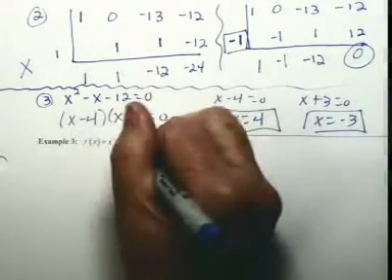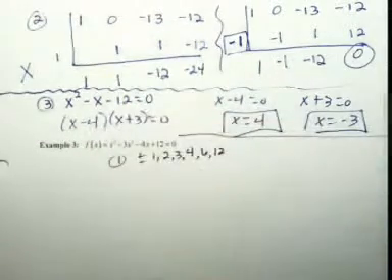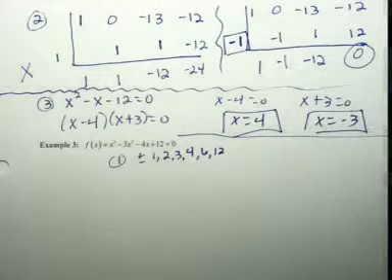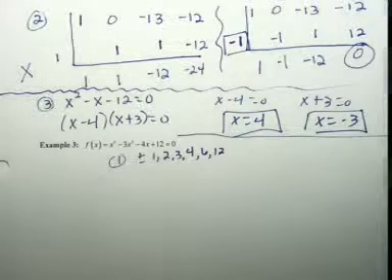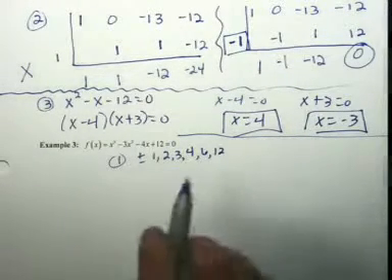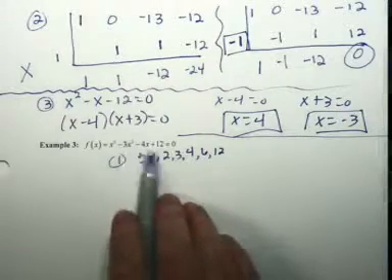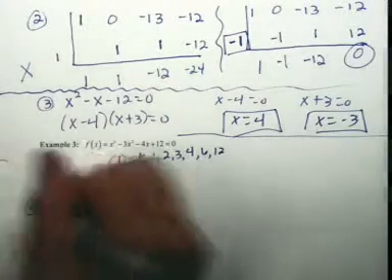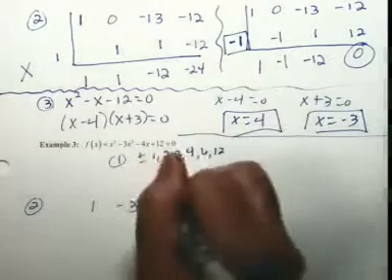And since it's 1 up front, these are my possible solutions. Always check your countdown, 3, 2, 1, 0.